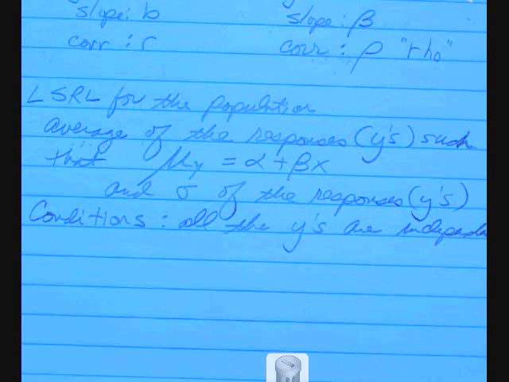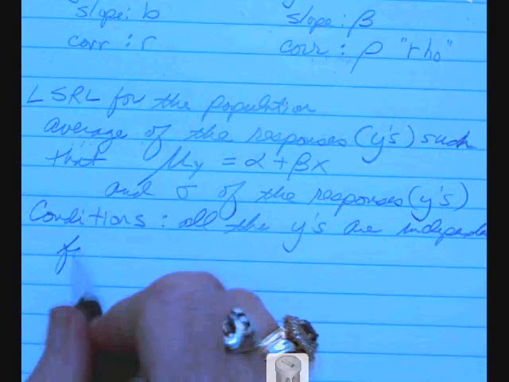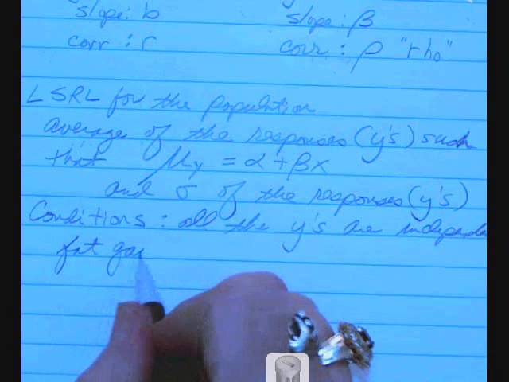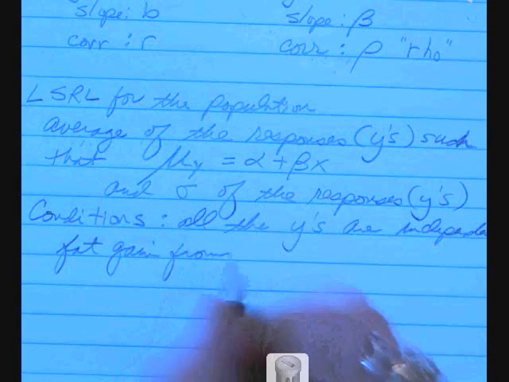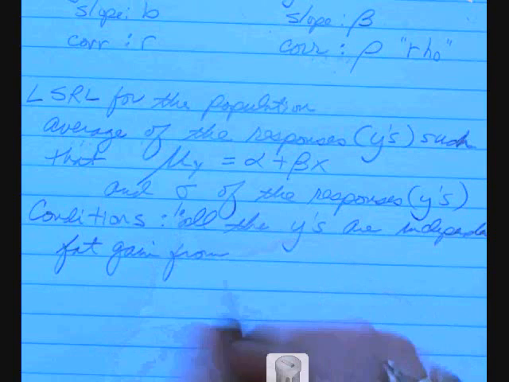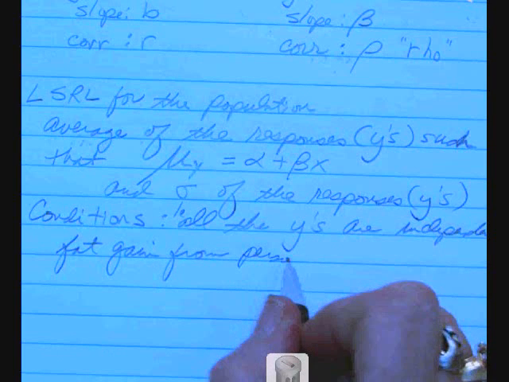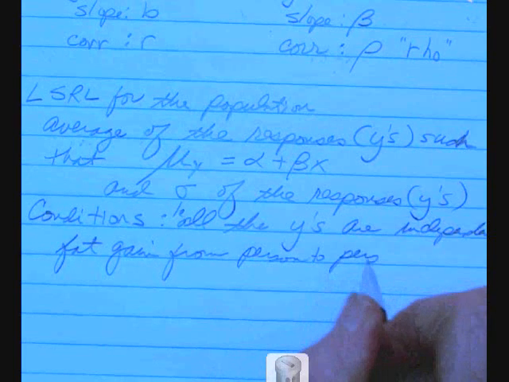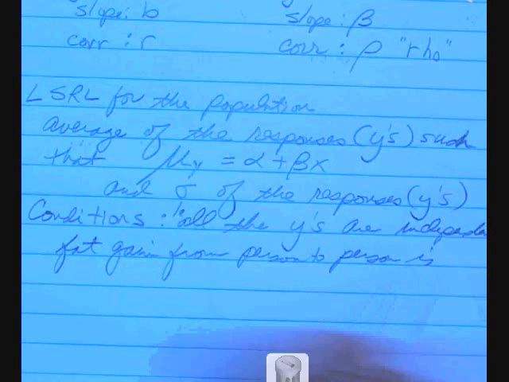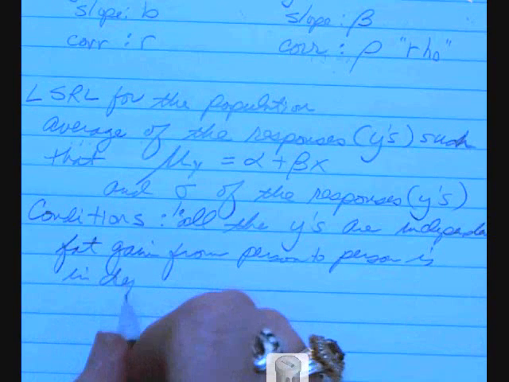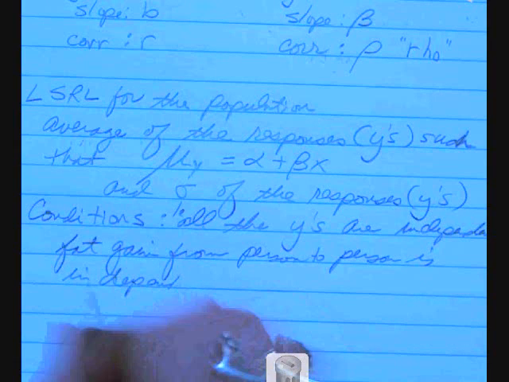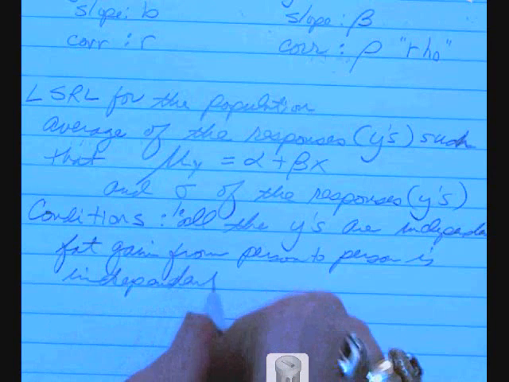Yeah, fat gain. Is fat gain from person to person independent? Yeah. Sure. So I'm just going to state that. I'm going to say this is condition number 1. Okay.